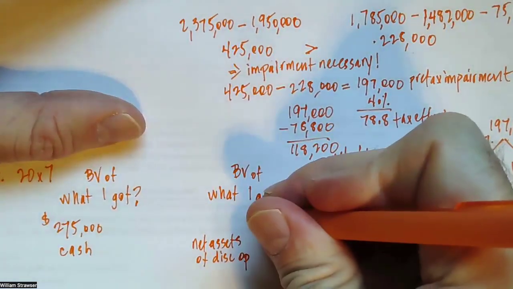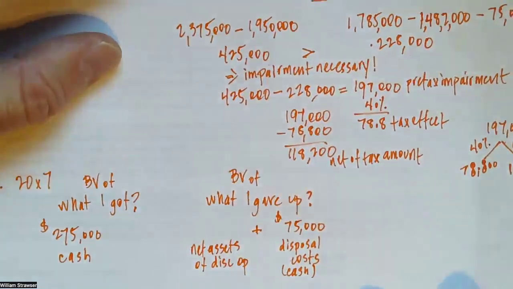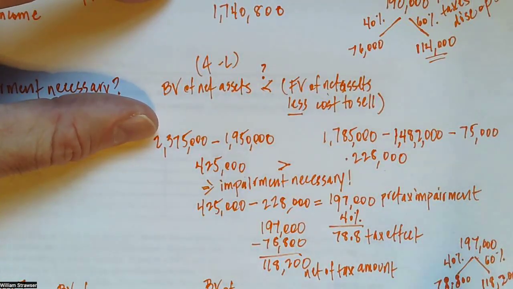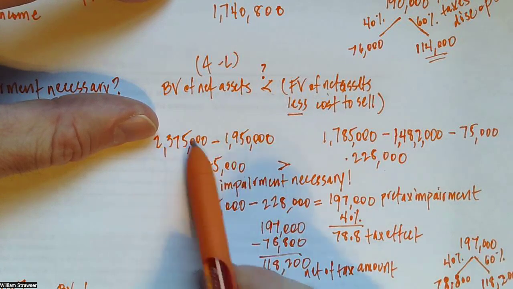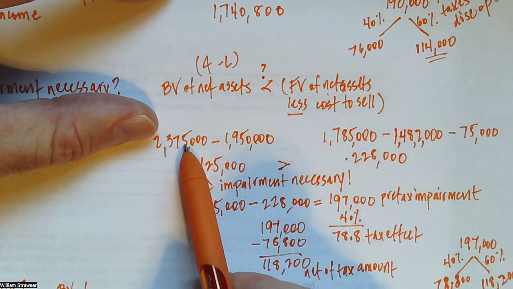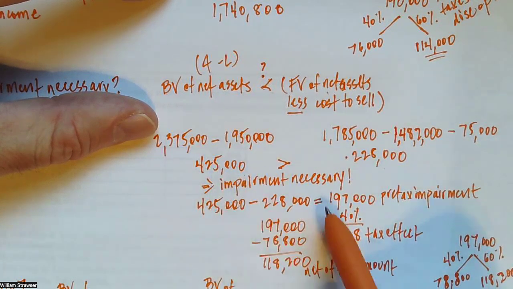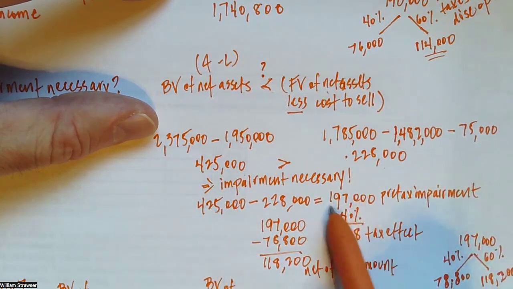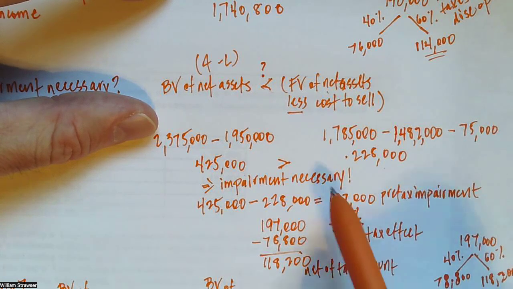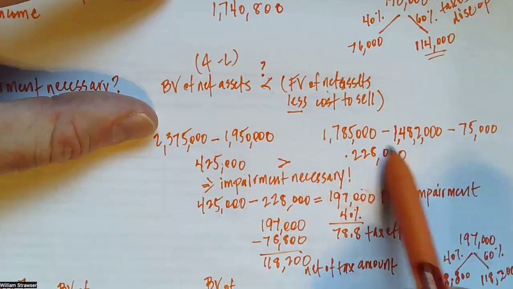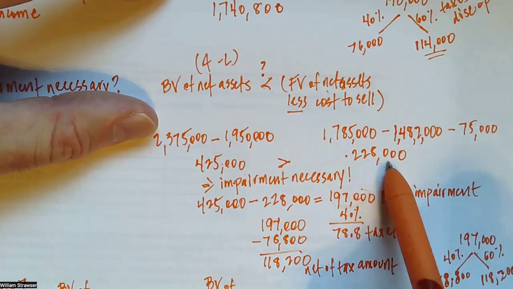Now, what was the book value of what I gave up? This is where you have to be a little careful, because the book value of what I gave up prior to impairment was $2,375,000. But after impairment, after I reduced its book value by 197,000, it became 228,000.